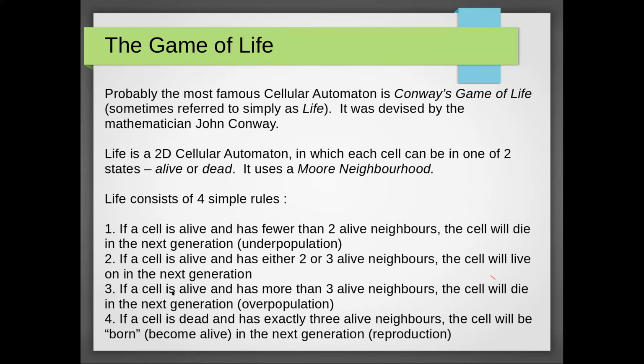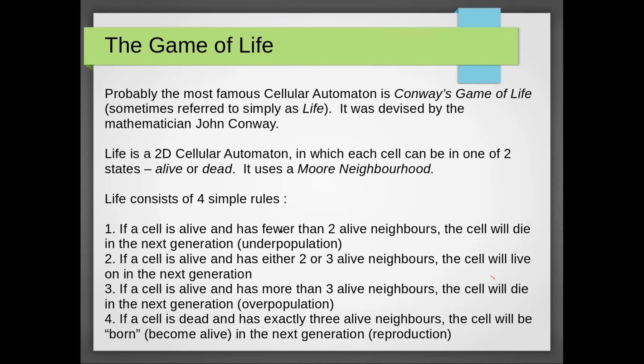Those are the 3 rules if a cell is alive. If the cell is dead and has exactly 3 alive neighbors, then it will be born, become alive in the next generation, and that emulates reproduction. If none of those apply, the cell is dead and doesn't have exactly 3 alive neighbors, so it will remain dead. So 4 very simple rules.